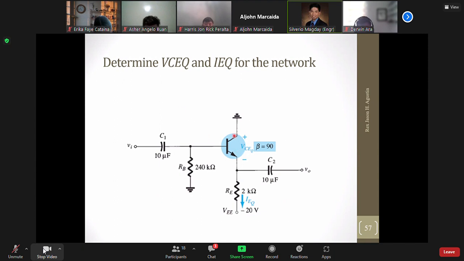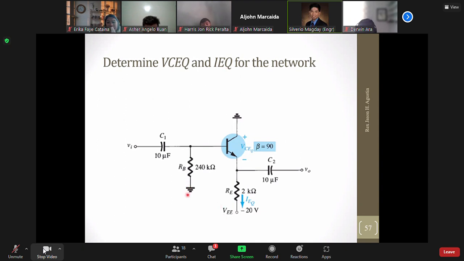Okay, this configuration is actually a miscellaneous configuration. It is known as your emitter follower circuit or the common collector configuration. So for this case, to solve now your VCEQ, then your IEQ, we need first to solve your IB.